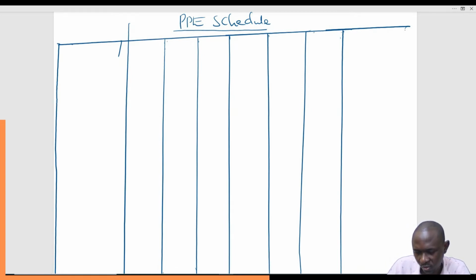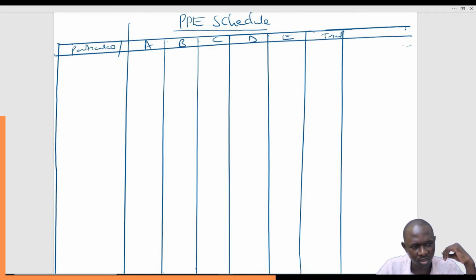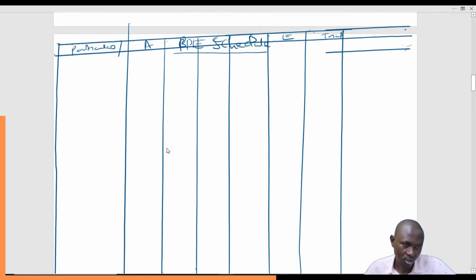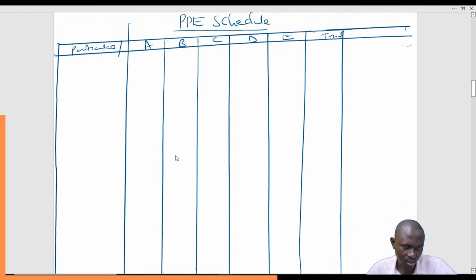Then here we can have this section for the headings. I think it's a very important section. So that is our schedule we are preparing. So you can have machine A, machine B, machine C, machine D, machine E, and then the total. And then here we can have the particulars of the details, like that. So we're already preparing our schedule.